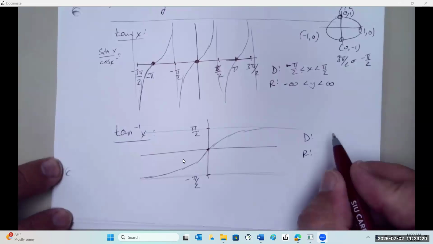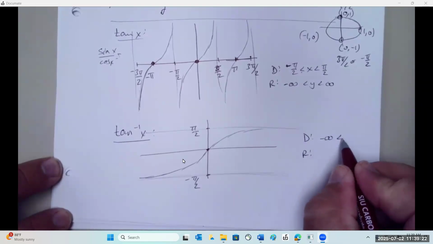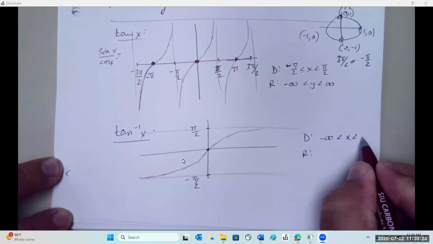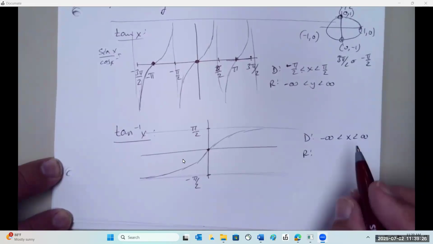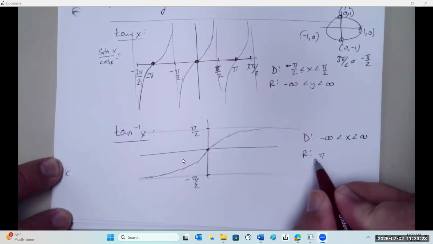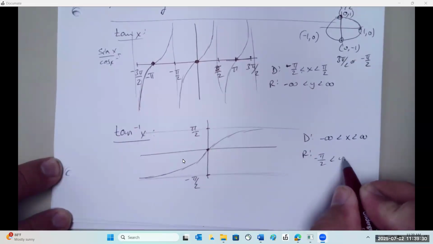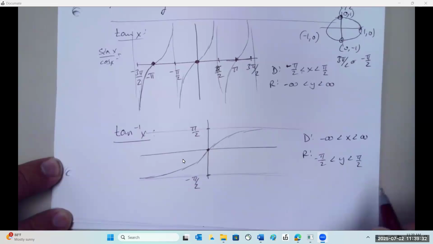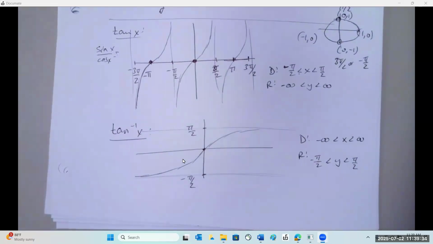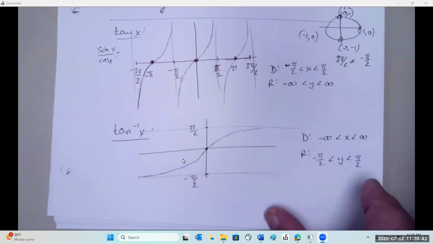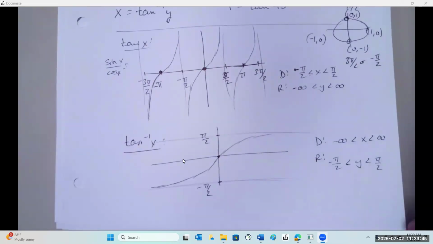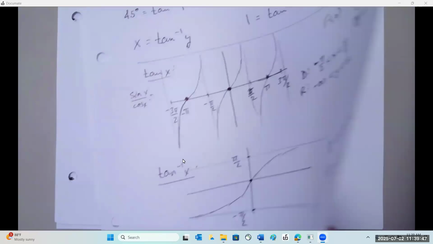What's my domain? Negative infinity to positive infinity, and the range is bound from negative pi over 2 to pi over 2. Okay, so understanding how this works, because you have to be very conscious about the changing of both the domain and range as well as the x and y.